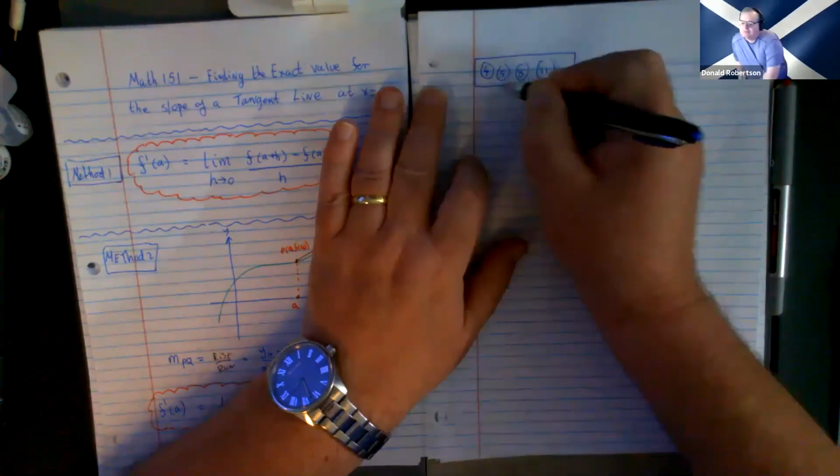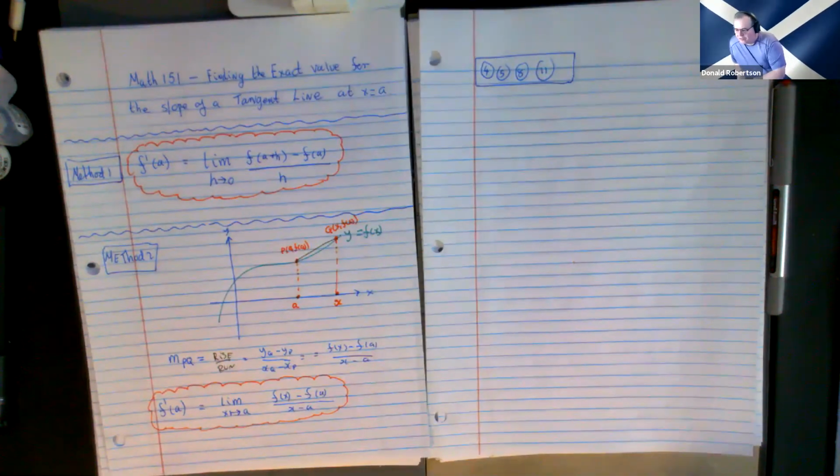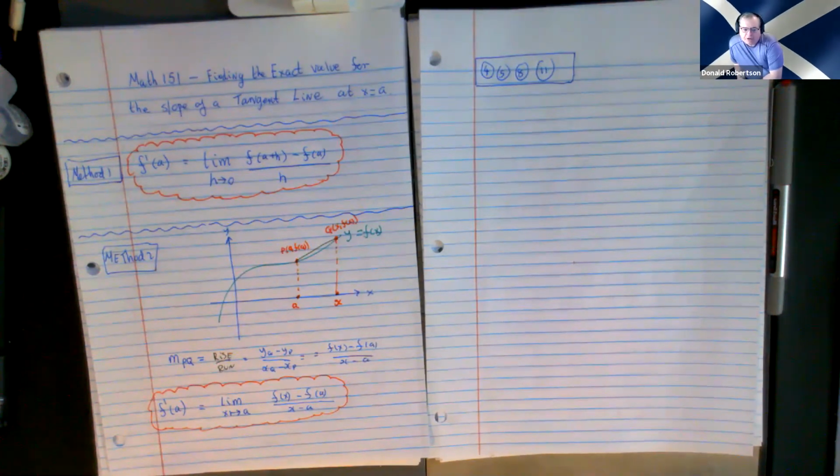we're going to cheat, but in a nice way, a mathematical way, not just look at the answer and write it down kind of way. I am going to show you a shortcut for finding f dashed of a, the slope of the tangent line to a curve at x equals a.